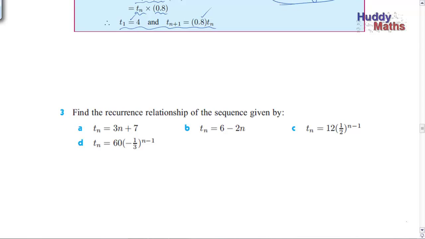Find the recurrence relationship of the sequence given by, there's 2 methods: sub n plus 1 and connect back to Tn, or list the terms and identify geometric or arithmetic. Okay, probably have a go both ways. Alright, let's have a look at the answers.